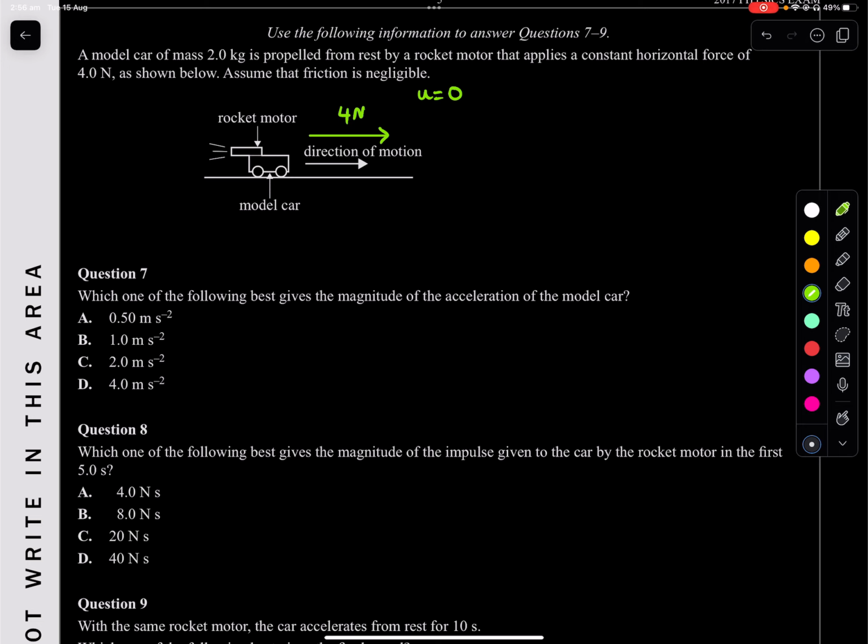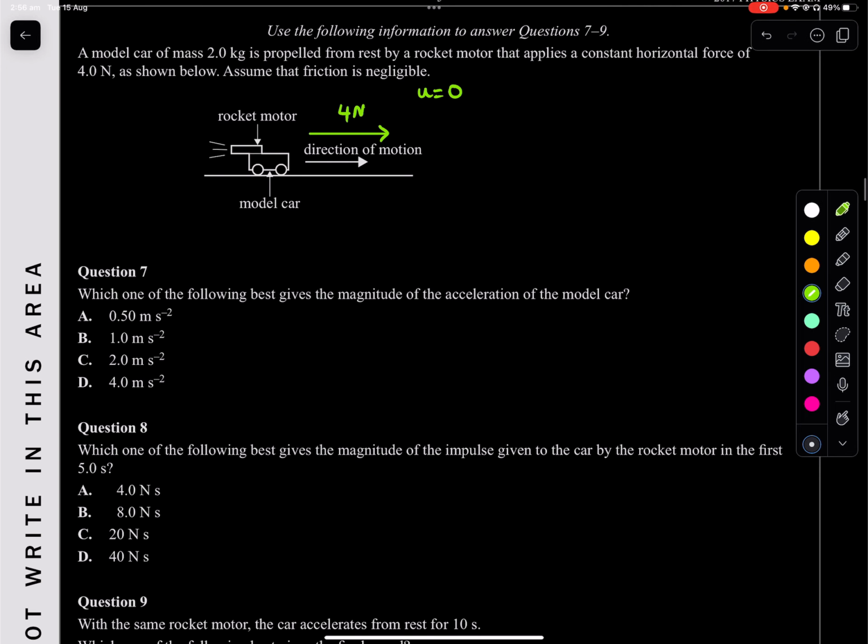Which of the following best gives the magnitude of the acceleration of the model car? We know the formula F net is equal to ma, Newton's second law, where the net force is the sum of all forces. Well, here, what is the sum of forces? It's only 4 newtons because there's no friction.